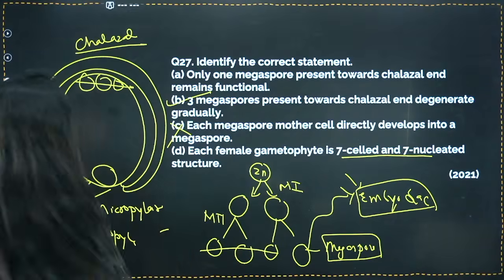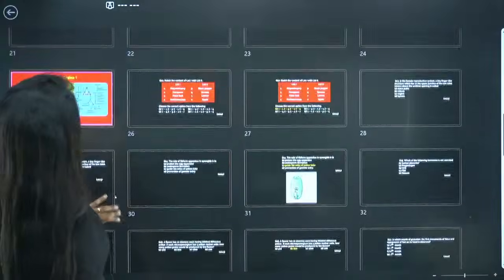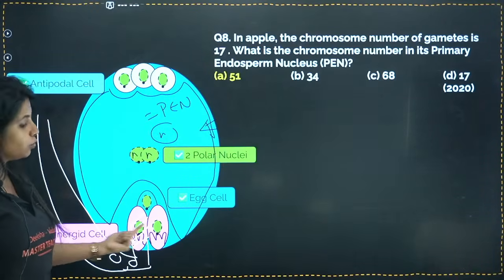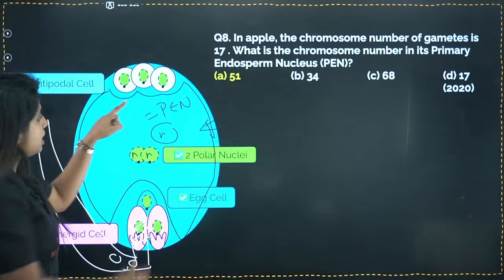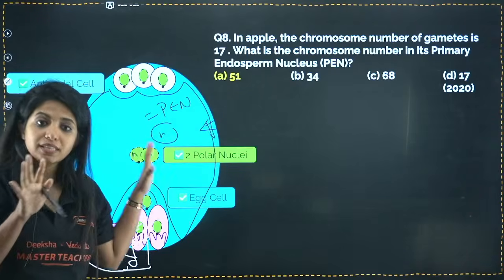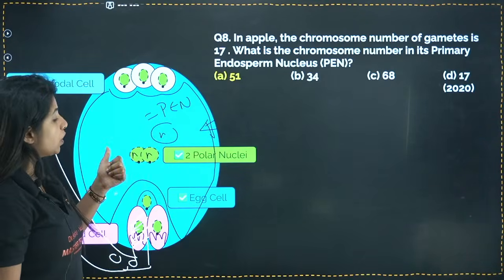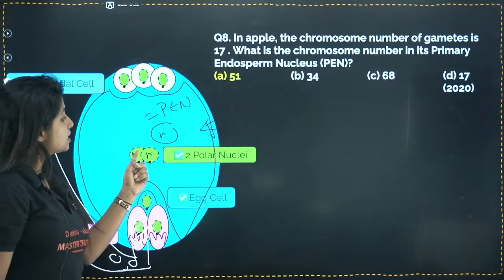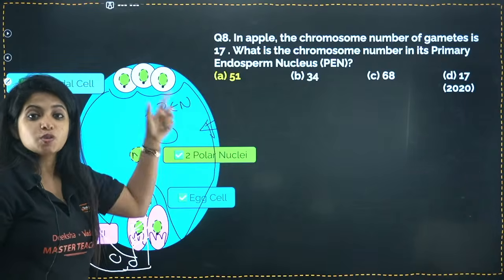Female gametophyte, we have studied about it a lot of times. So this is the female gametophyte. 1, 2, 3 cells, 1, 2, 3 cells, 3 plus 3, 6 cells are there. This is the 7th cell. So 7 cells are there in this female gametophyte. But what about nuclei? 1, 2, 3, 1, 2, 3, 6 nuclei, 7, 8. 8 nuclei are there.